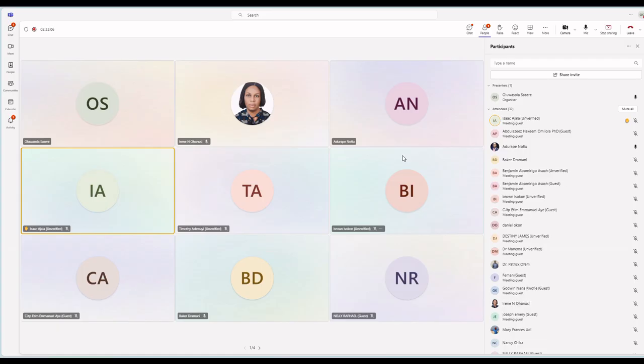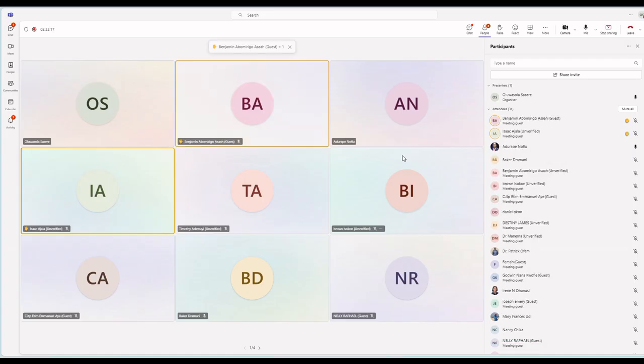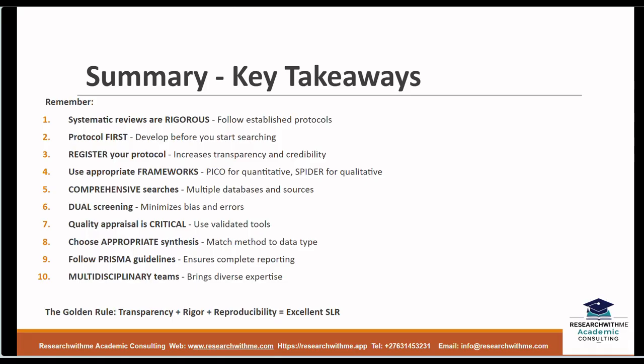Like in our case now, we identified 555 articles from 4 different sources. Among those sources, there were articles present in more than one of the databases. Let me see if I can share my screen.